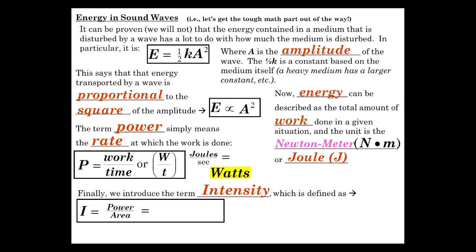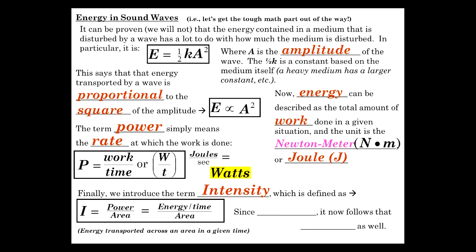So more intense means there's a greater amount of energy in a given region, or a greater rate of energy, really, specifically, because that's what power is. So it's the rate of energy per time over area. It's the energy transported across an area in a given time. Kind of like if you're looking at the sun.